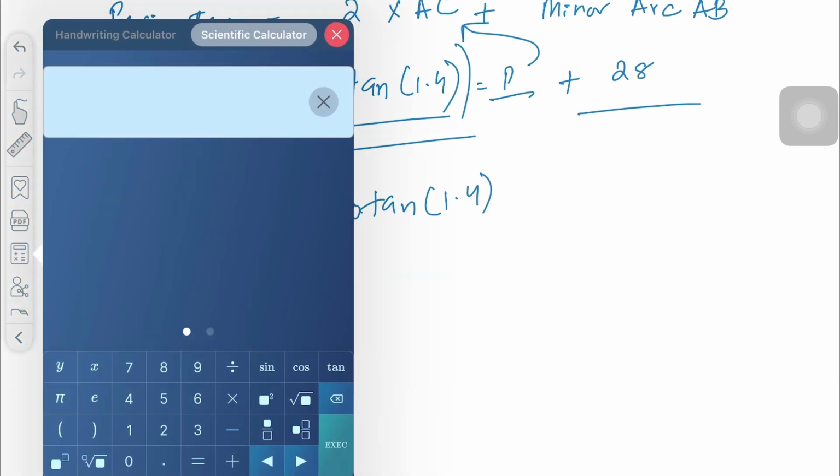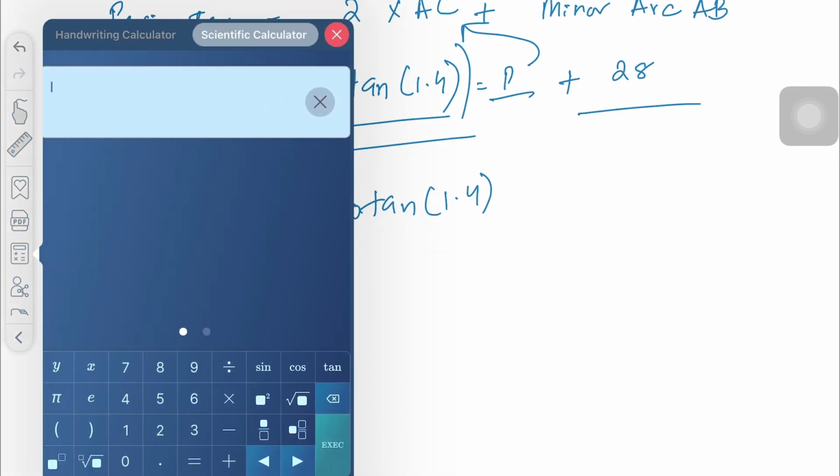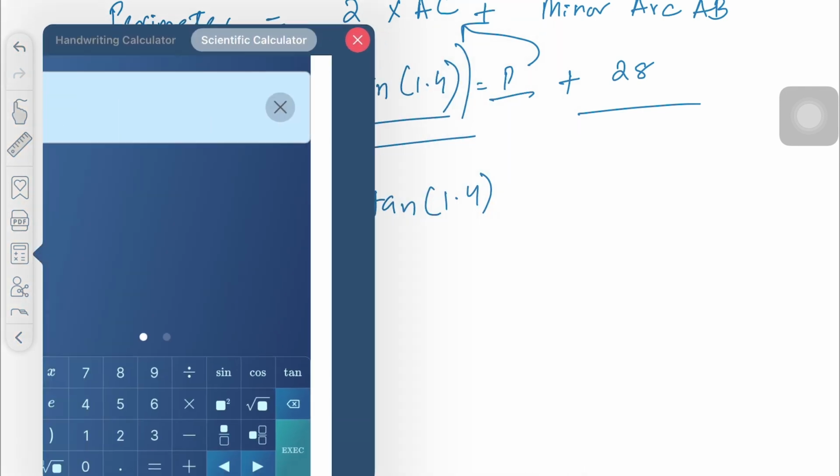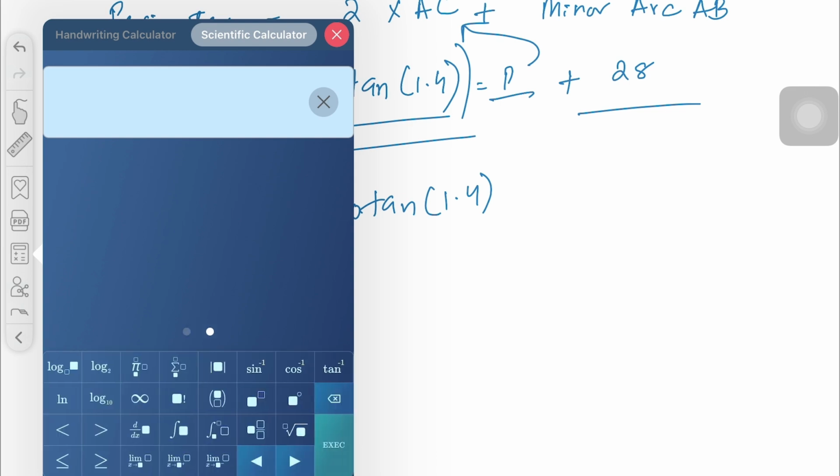Do we have a scientific calculator? I guess. Do we have radians over here? I don't think so. Sorry.